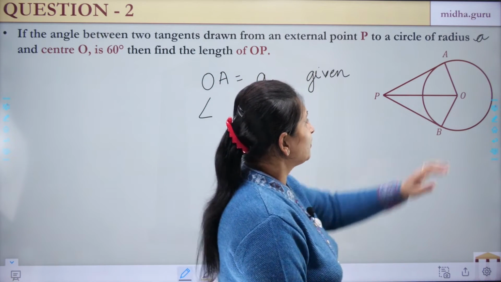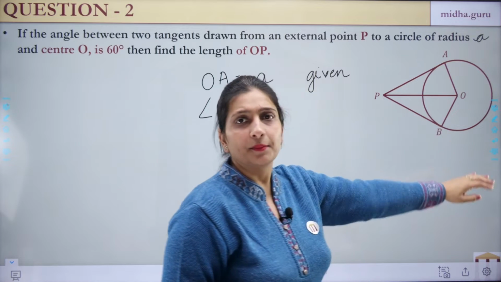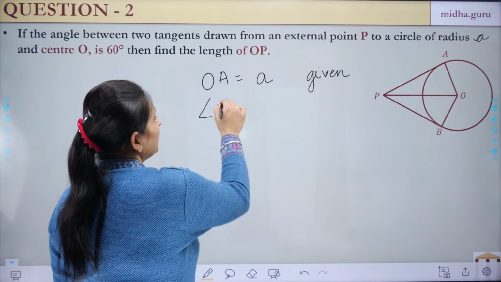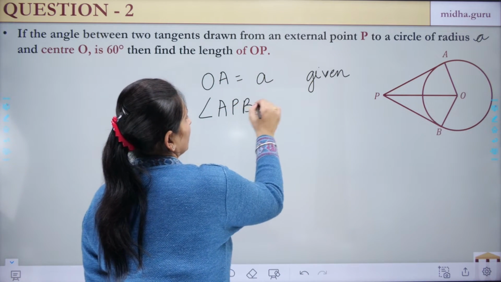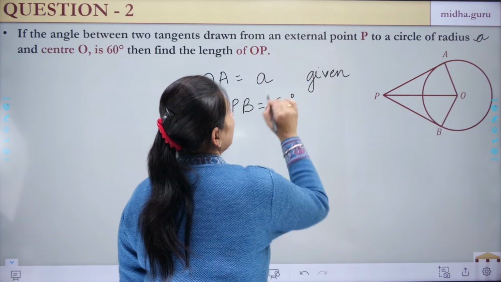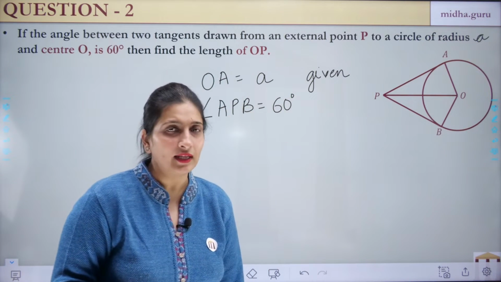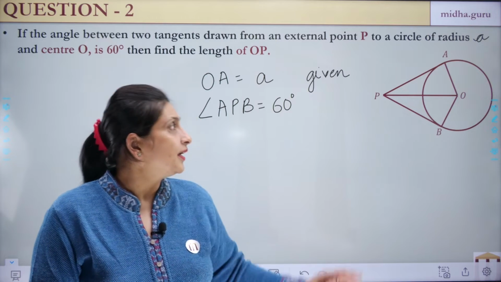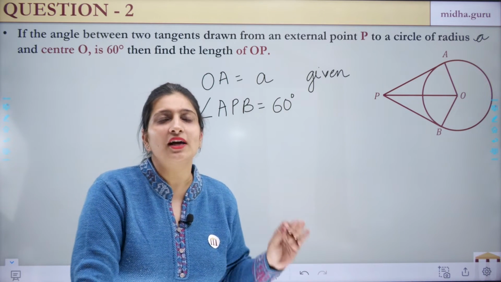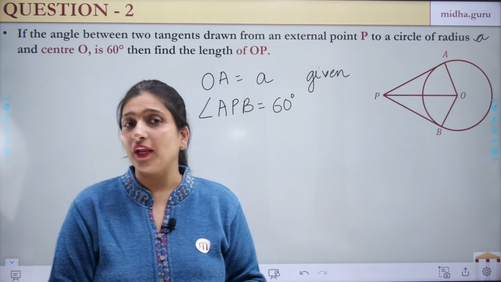The two tangents are making angle as APB. So we'll write angle APB is 60 degrees.